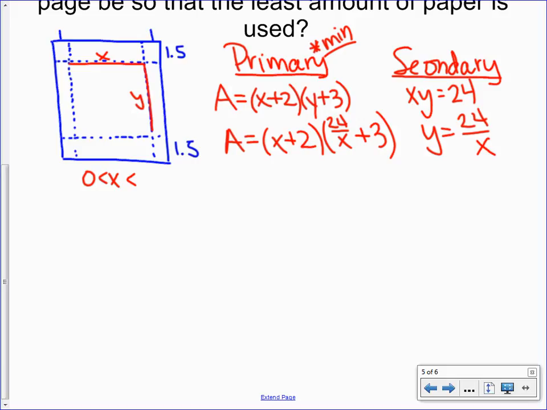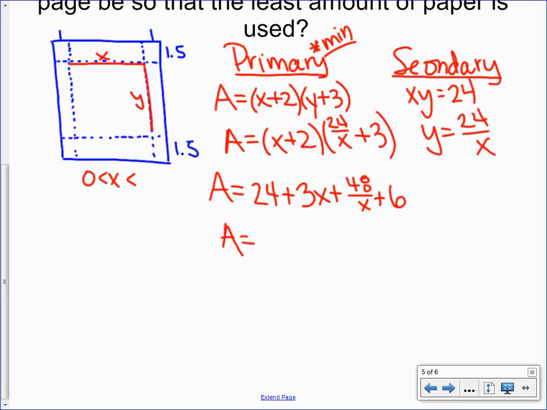Let's go ahead and FOIL this out first. I would not suggest doing a product rule here. Let's just write it out. Our area: what's X times 24 over X? 24. Plus X times 3, plus 2 times 24 over X, plus 6.